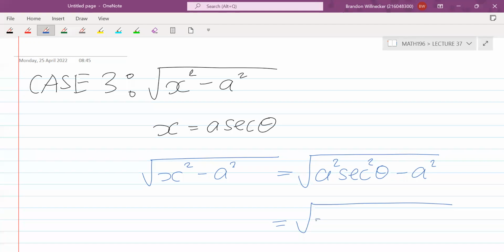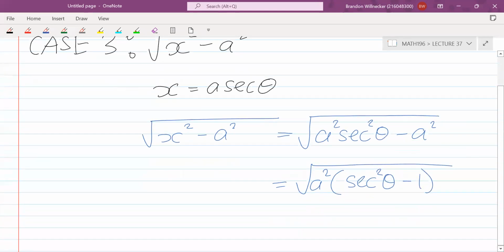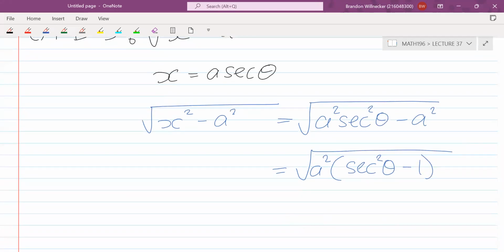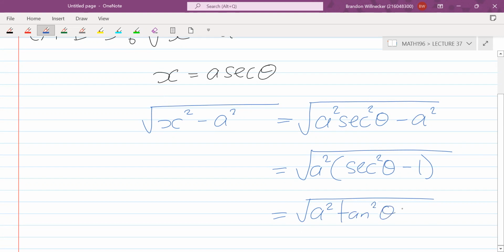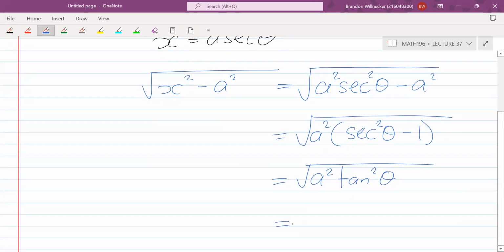Here we can factor out the a squared, so then we have sec squared theta minus 1. Now remember, tan squared plus 1 is sec squared, so sec squared minus 1 is tan squared. So this is going to be the square root of a squared tan squared theta. Taking the root, we get a tan theta.